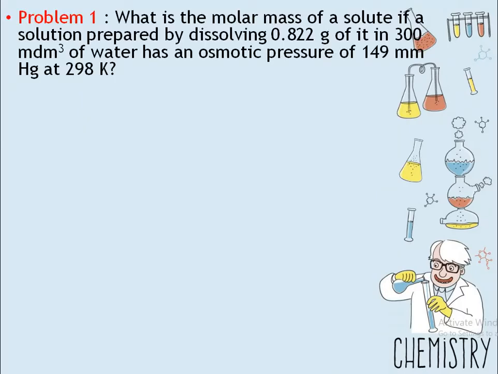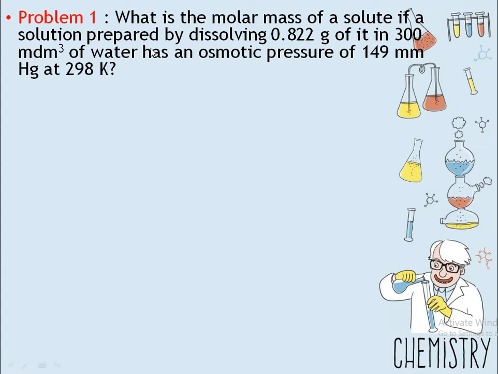Let us see one problem on the basis of osmotic pressure. What is the molar mass of a solute if a solution prepared by dissolving 0.822 grams of it in 300 milli dm cube of water has an osmotic pressure of 149 mmHg at 298 Kelvin?